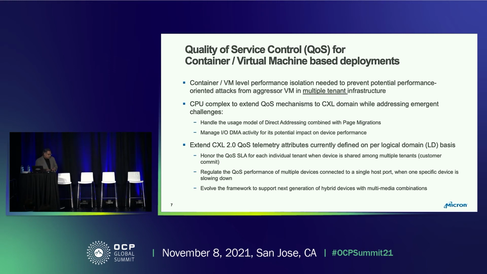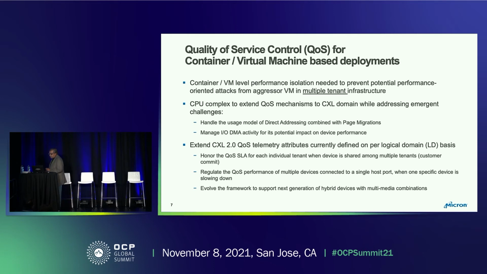And then we started looking at CXL 2.0 emergent concepts with respect to QoS telemetry in logical domains, but there were two problems that were not addressed as yet. The first problem was that we first look at the case of one CXL device or memory buffer that is getting sharded up or allocated to multiple VMs.